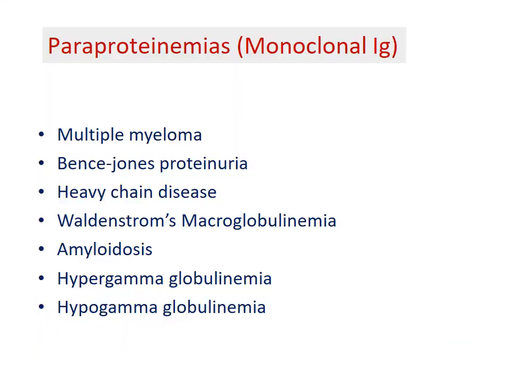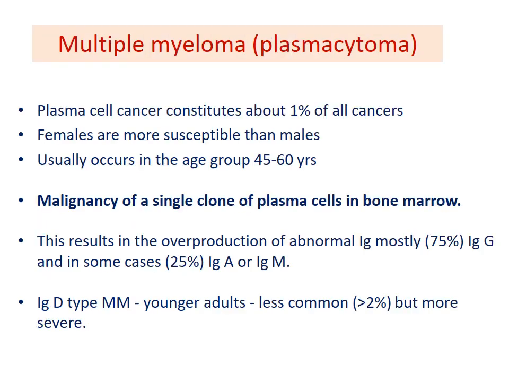So there are paraproteinemias or monoclonal immunoglobulin disorders. A few important ones are multiple myeloma, Bence-Jones proteinuria, heavy chain disease, Waldenstrom macroglobulinemia, amyloidosis, hypergammaglobulinemia as a whole, and hypogammaglobulinemia as a whole. So first one is multiple myeloma, which is very important.